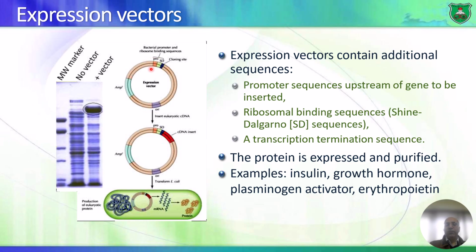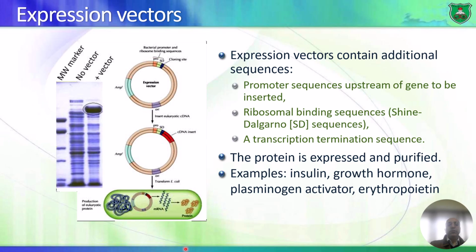So bacteria can be fooled so that they would transcribe the gene of interest, this one right here, starting with their promoter region. And they're going to translate the messenger RNA into a protein, because there's a Shine-Dalgarno sequence and so on. And there's stop codon, start codon, same thing as what bacteria is used to.